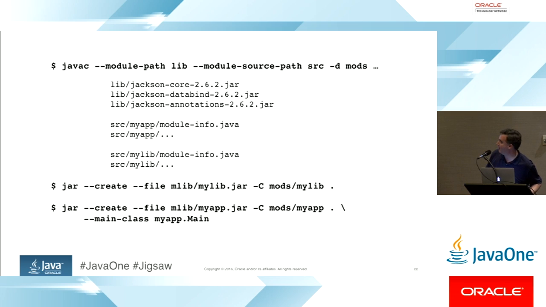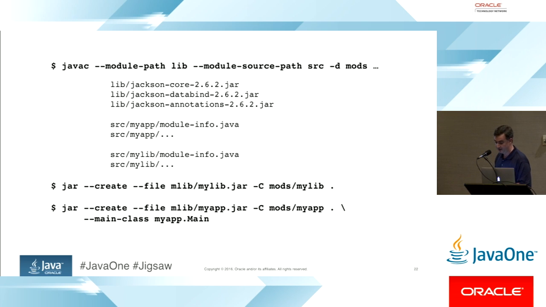And we tell javac about that directory with this new module source path option. And that's necessary because there's a new level in the directory hierarchy for the modules. So you can see source myapp and mylib are a new level in the traditional compile time hierarchy, so that we can put in source module name and then module-info.java, and then the package hierarchy at the same level as module-info.java.